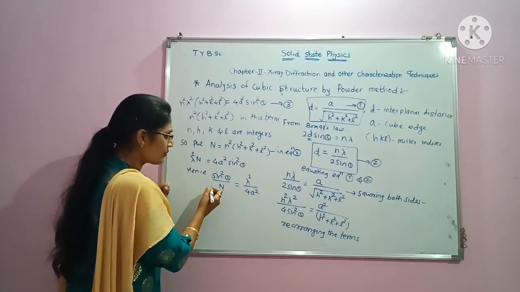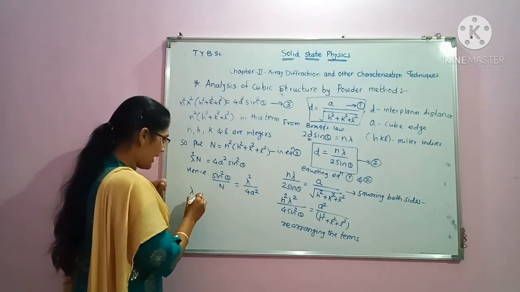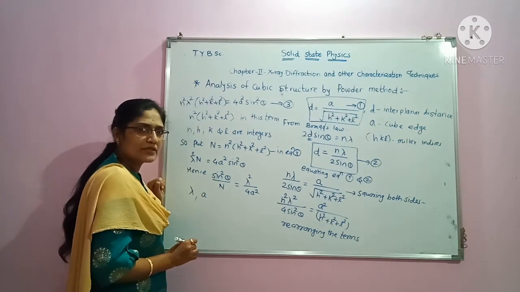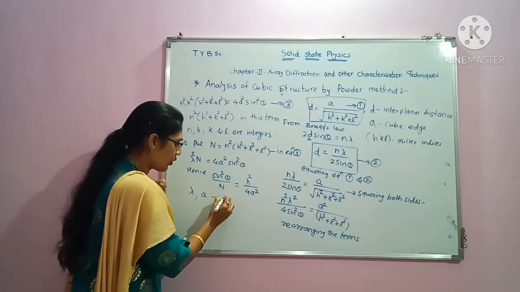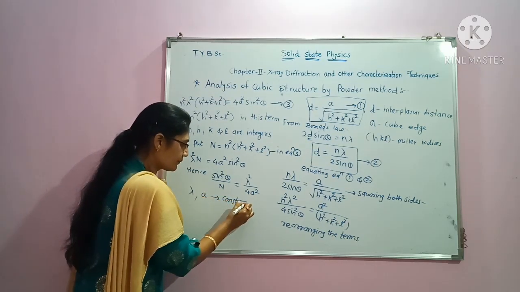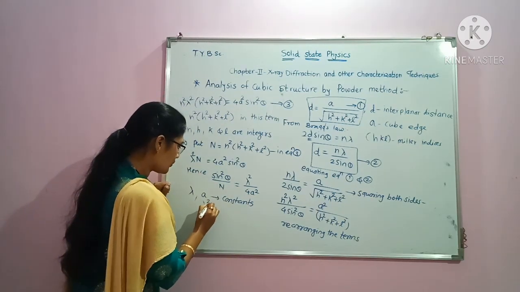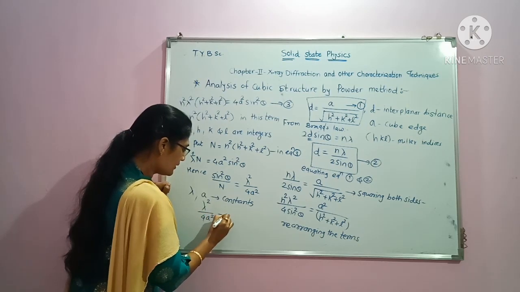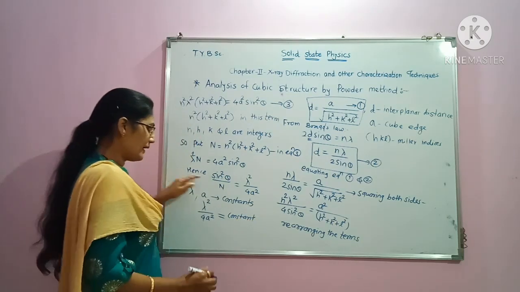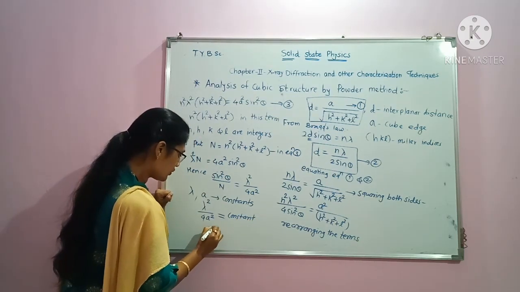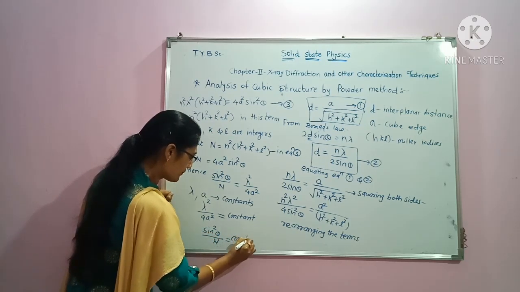Lambda is the wavelength of the incident X-ray and a is the cube edge, and these are constants. It means that lambda square upon 4a square is a constant, and hence sin square theta upon N is equal to a constant.